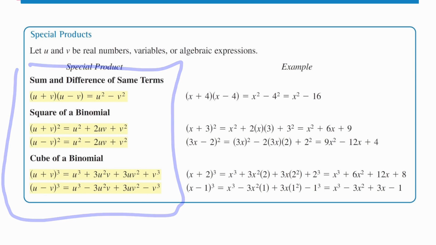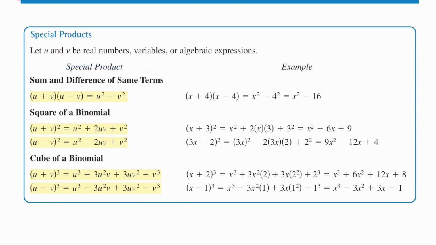And so what we do with those is we say, okay, these are conjugates because the only difference between these two is the sign. Whenever we have a conjugate, when we FOIL, the middle term falls out because we would have positive UV on one and negative UV on the other.